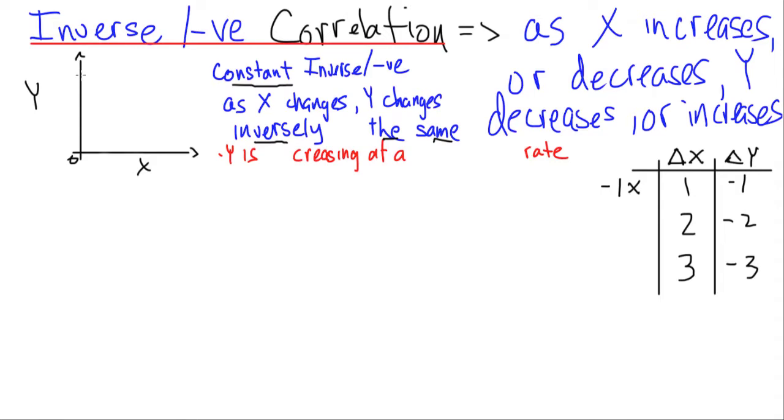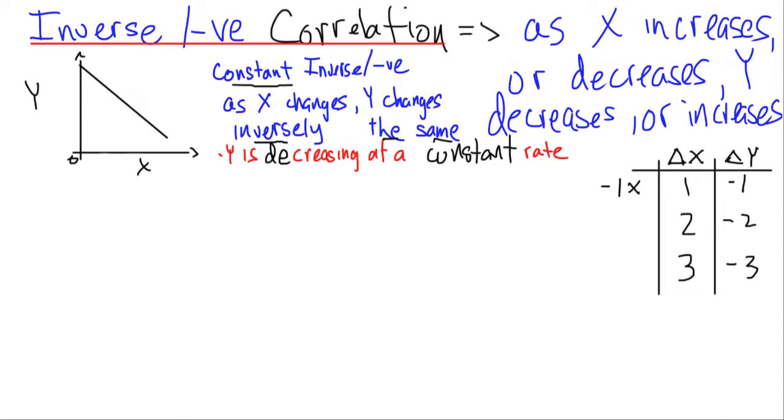And so if we start at a higher value, what's the graph going to look like? Something like that. This shows that y is decreasing at a constant rate given an increase in x.